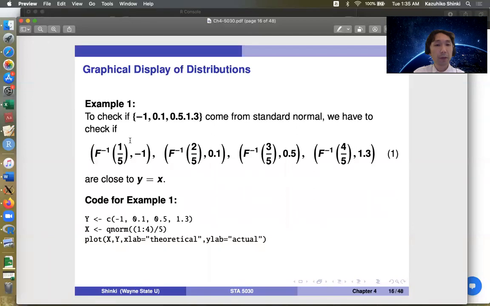If we pick a number randomly in the interval 0, 1, and take F inverse of that value, that is a random variable.